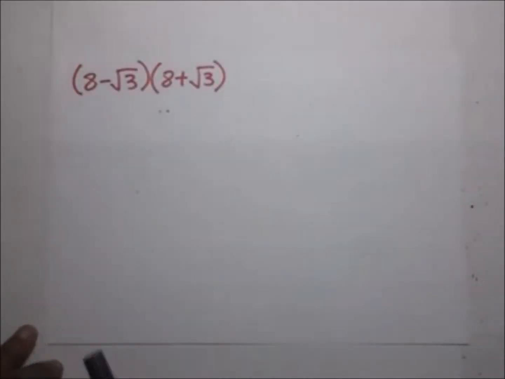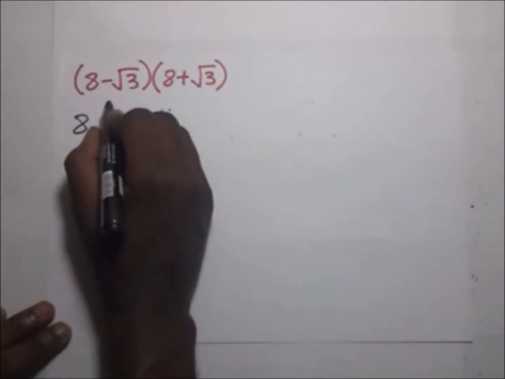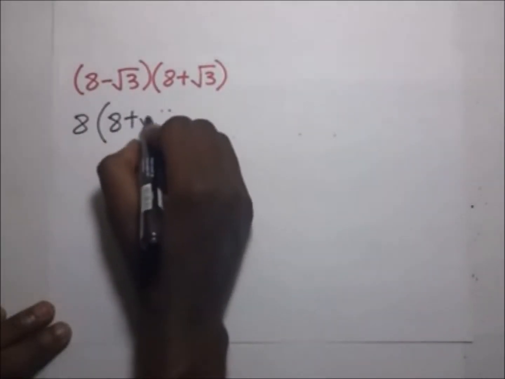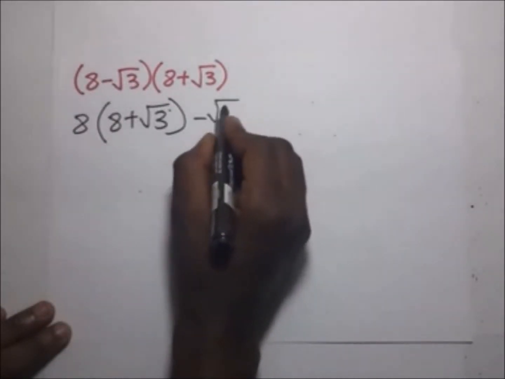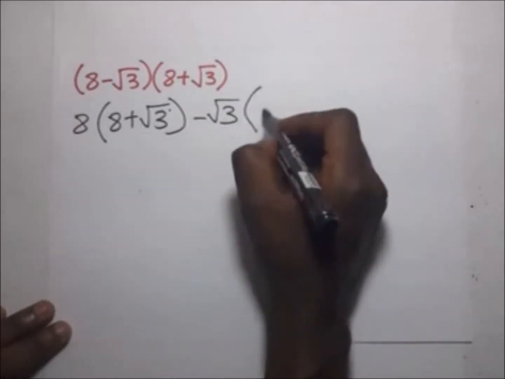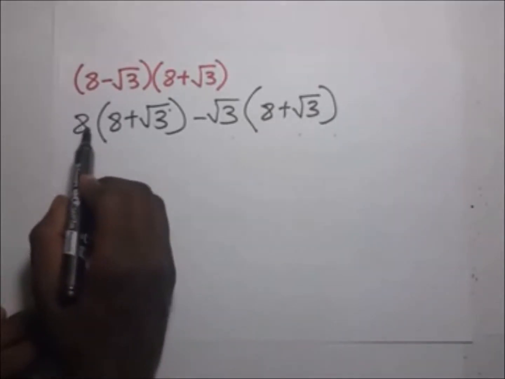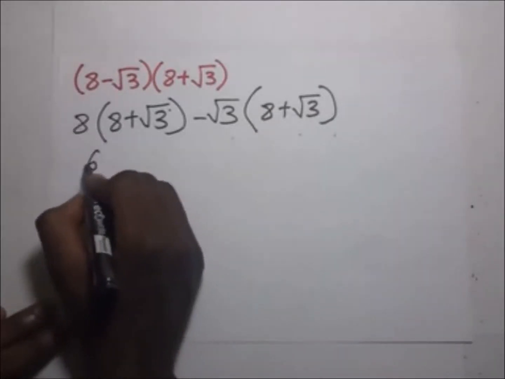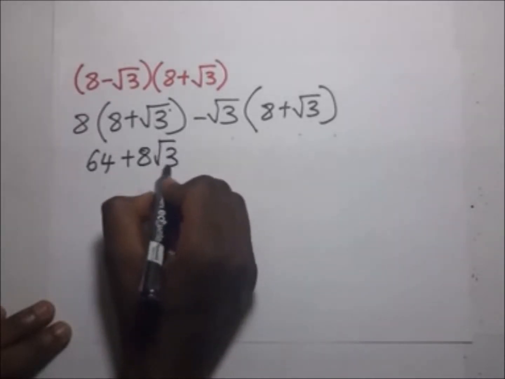Okay, so now we go ahead and do this number. We open brackets. This is going to become 8 into 8 plus √3, then minus √3 times that whole bracket, 8 plus √3. Opening brackets, 8 times 8 is 64. 8 times √3 is plus 8√3.